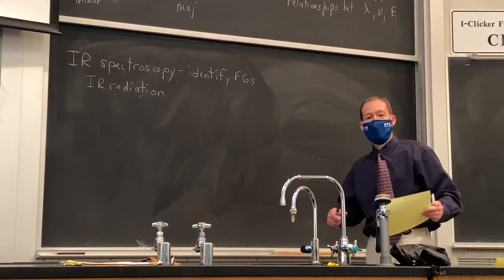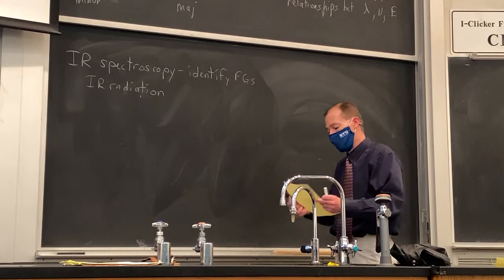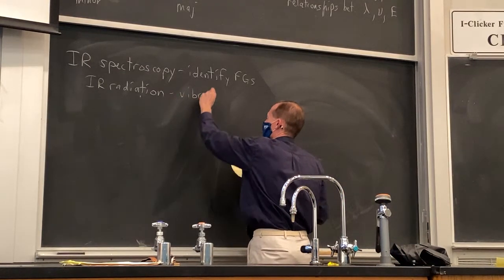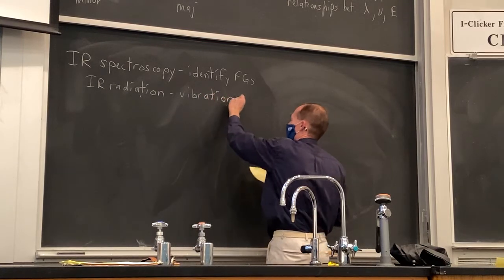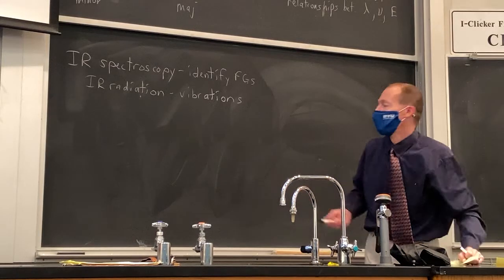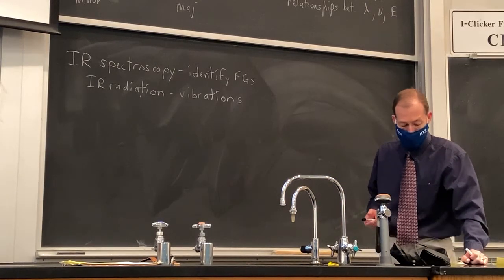And what is happening when the IR radiation hits our molecule and the molecule absorbs the IR radiation? We're having vibrations occur. And those vibrations involve stretching or bending of bonds. Okay, so that's the background.